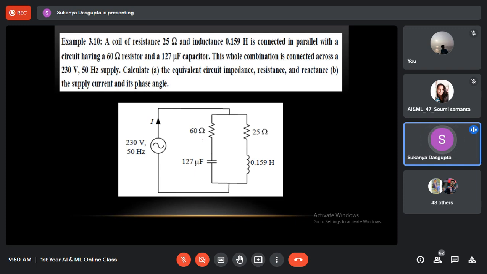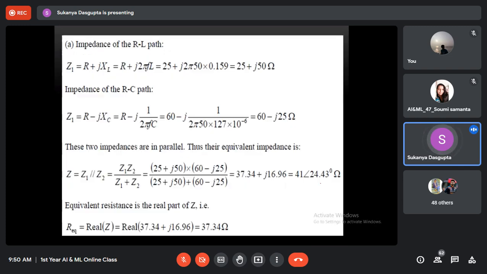So this is Z1 and this is Z2, right? Z1 parallel Z2 is equal to the equivalent circuit impedance. The resistance and reactance can be calculated from the expression of the equivalent impedance, and the supply current will be calculated using the relationship V by Z.